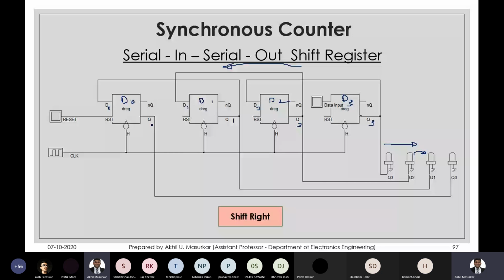I hope you are understanding this shift left and shift right. When you are giving the input on the leftmost side of the flip-flops, it is shift right, and here we have shift left.